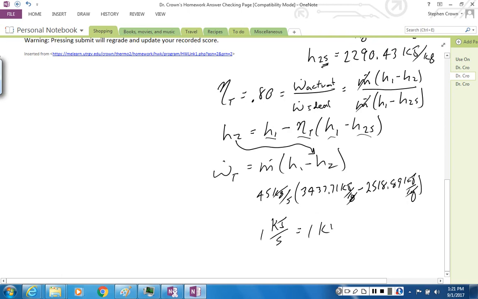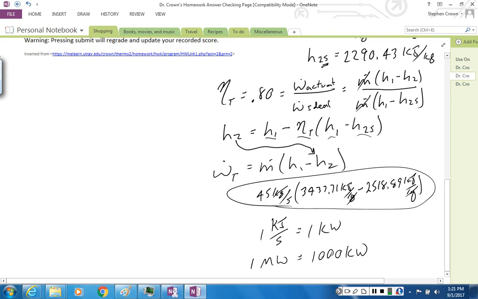And we want the answer in megawatts, and 1 megawatt equals 1,000 kilowatts. So be careful of the units here.